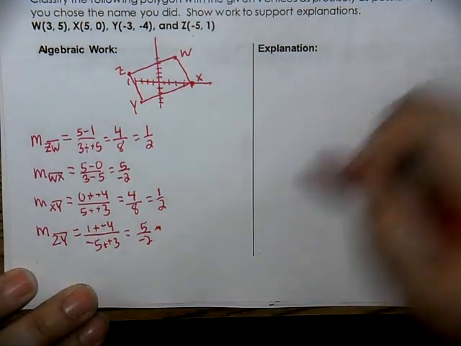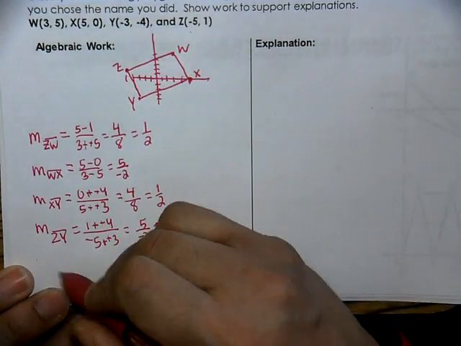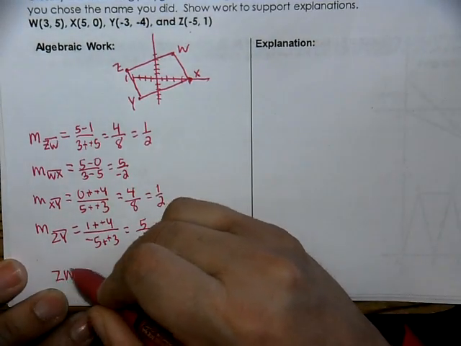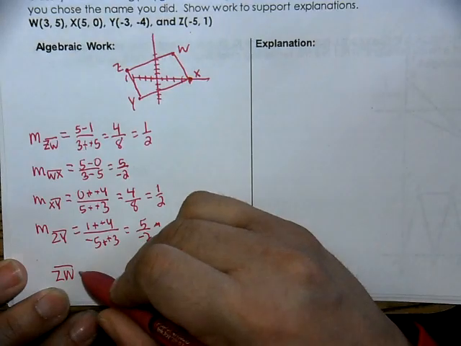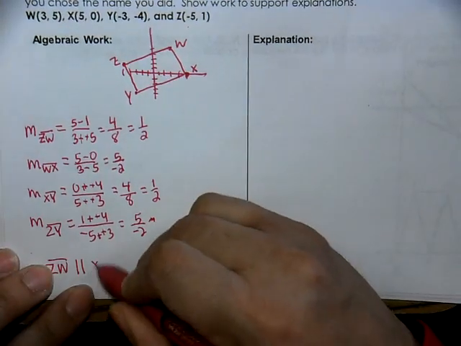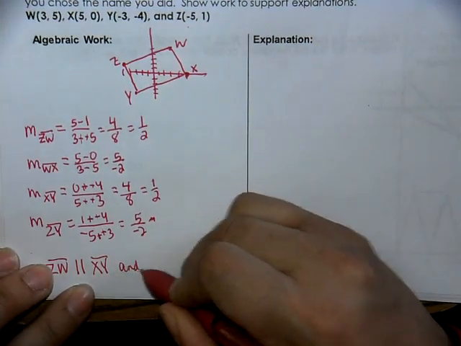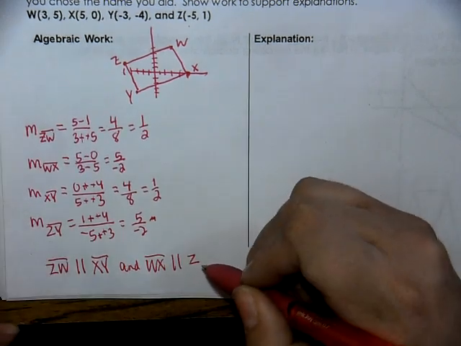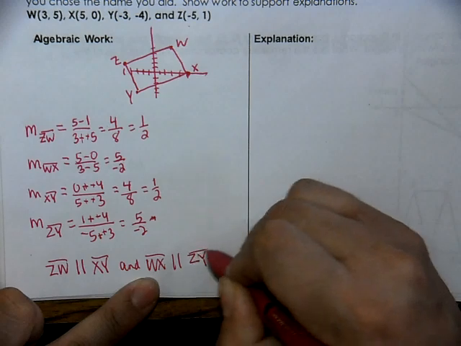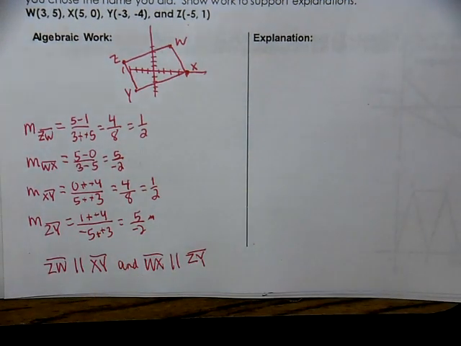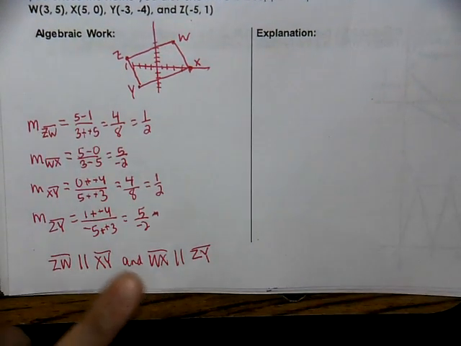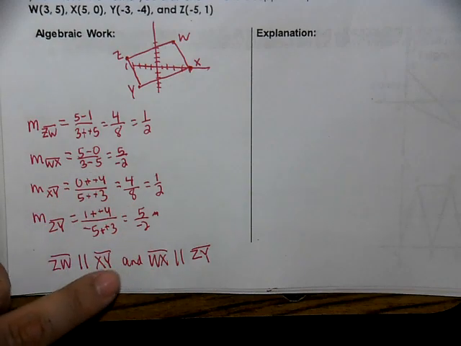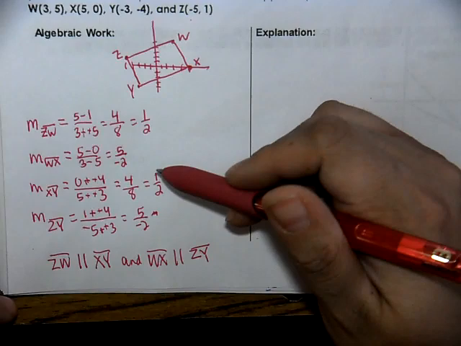You can either write that down here or in your explanation. I'll write it down here first, and then we'll write it in the explanation. So segment ZW is parallel to segment XY, and segment WX is parallel to ZY. Those are the ones that we know are parallel, and we can clearly see we don't have any opposite reciprocal slopes, so we know that there are no right angles here.